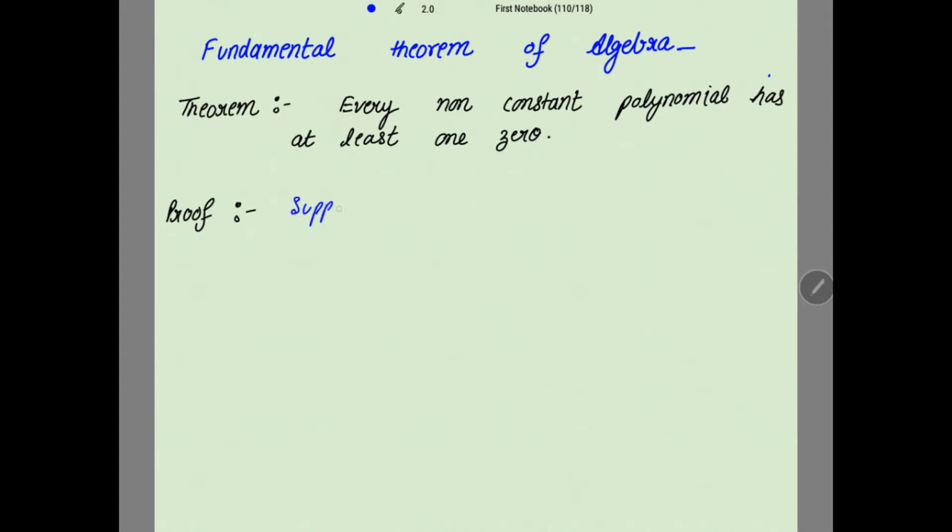Suppose P(z) is your polynomial. I'm taking P(z) equal to a0, which is a constant, plus a1z, where a1 is the coefficient of z, plus a2z squared, plus so on, up to anz^n. Now for this polynomial to be non-constant, we should have an non-zero, right?